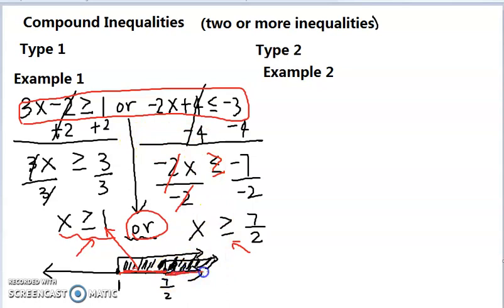And these numbers are greater than or equal to 7/2. They're not only greater than 1, but also greater than 7/2. They are actually solutions of both.